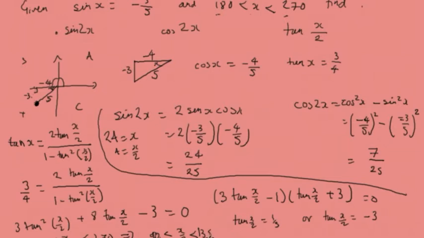Which means this is going to be in the second quadrant, so tan is going to be negative, which is this one. This is our answer here, because tan of x over 2 here is positive, but because we now know this is in this quadrant, it has to be negative, so this has to be the solution.